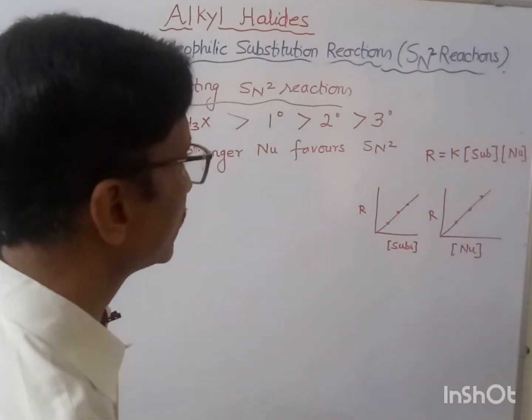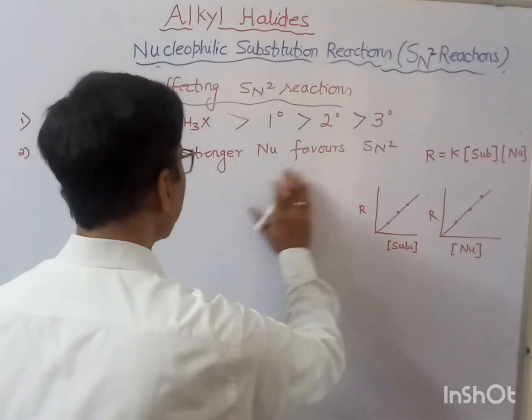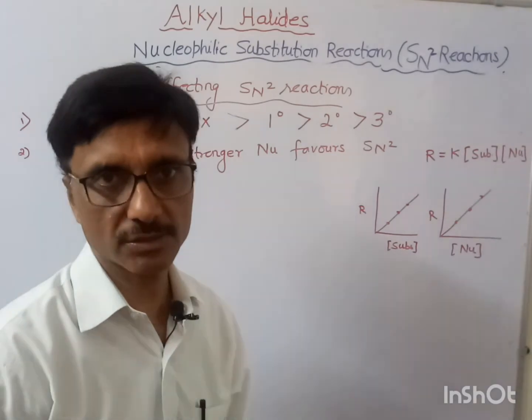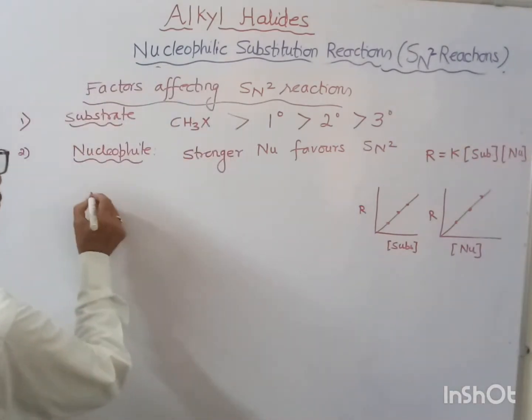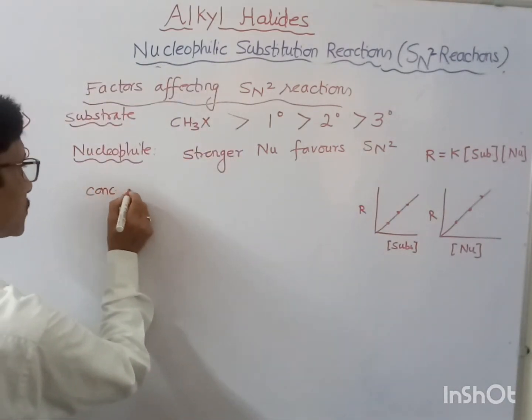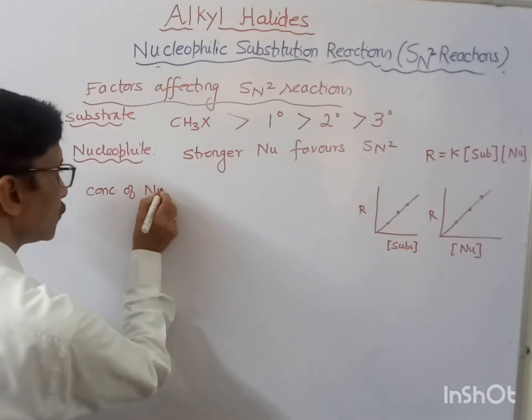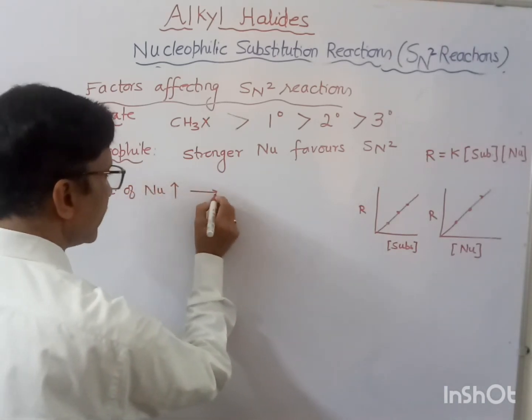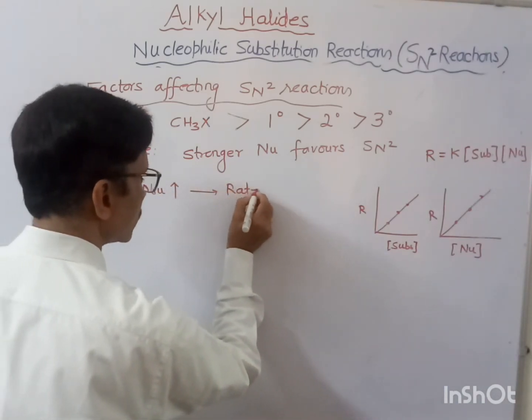So as the concentration of nucleophile increases, the rate of the SN2 reaction also increases.